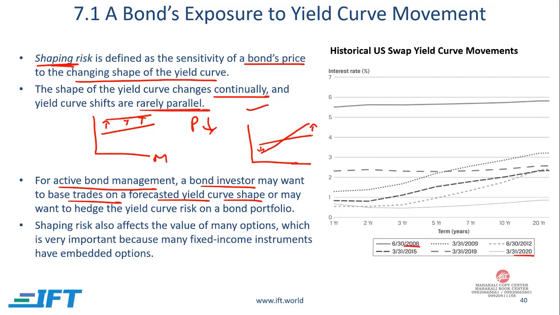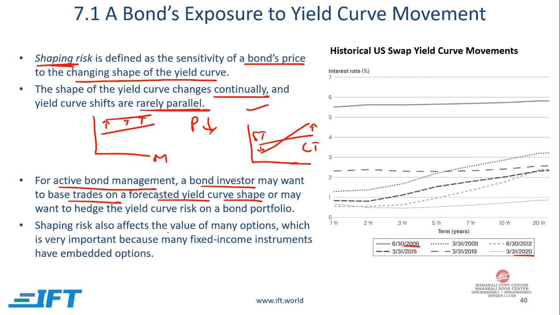For example, if he expects long-term rates to go up, he might underweight long-term bonds and overweight short-term bonds. This is just one example. Another portfolio manager might want to hedge the risk of something like this happening.